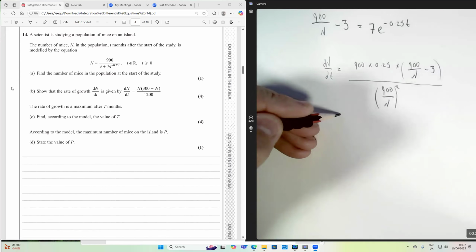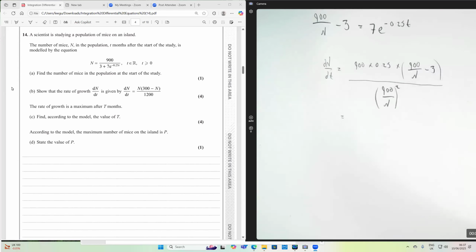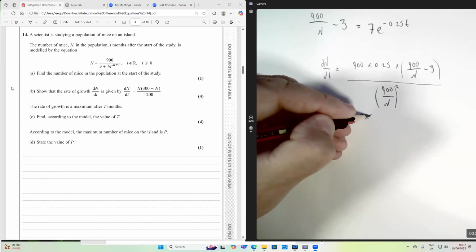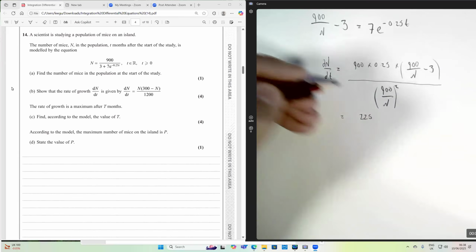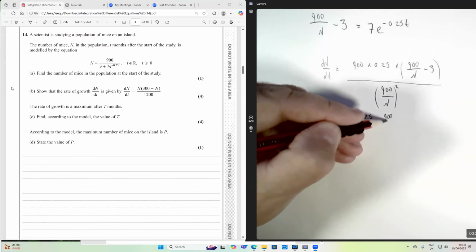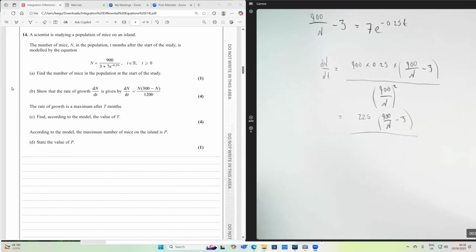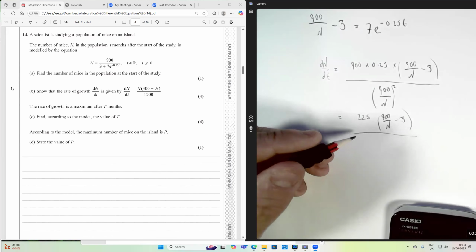So let's just simplify this now then. So we've got 900 times by 0.25, which is 225. And then we've got 900 over n minus 3. Let's just work out what this 900 squared is. So 900 squared is, oh my goodness, a rather large number.